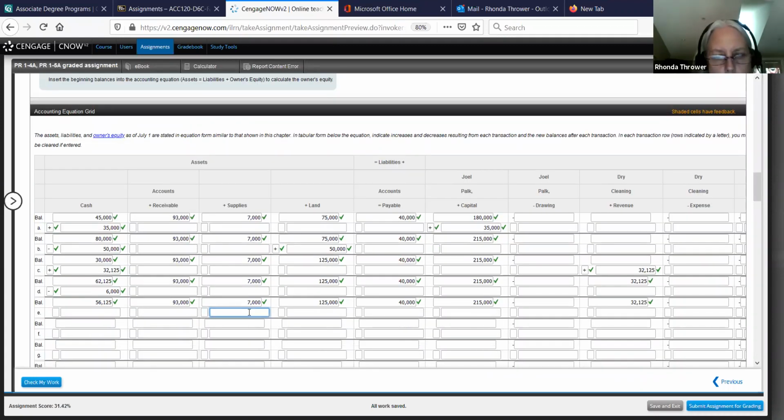I'm going to add $2,500 to this. And I bought those on account. And what on account means is I did not pay cash for those supplies. So the only thing I could do is put it on credit. If I put it on credit, my liabilities are increasing. So I'm going to increase my liability by $2,500.